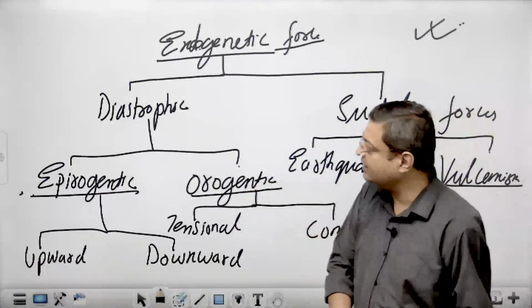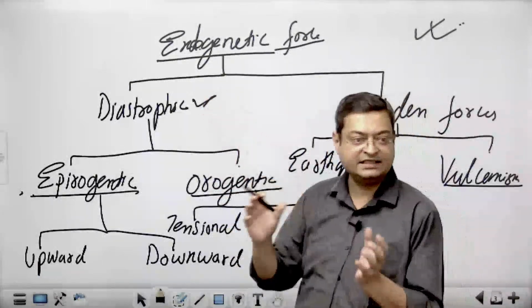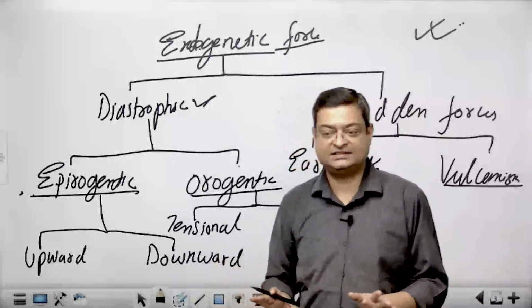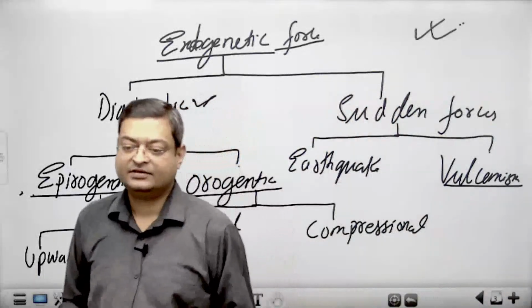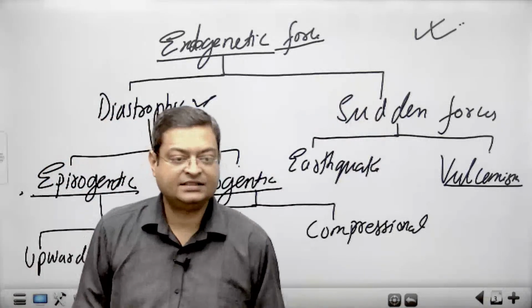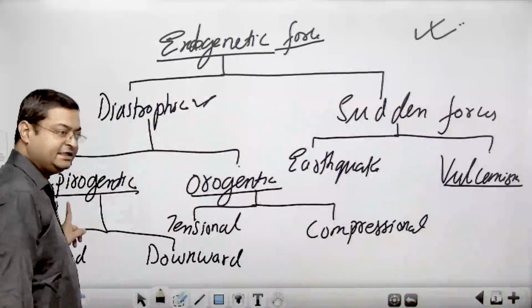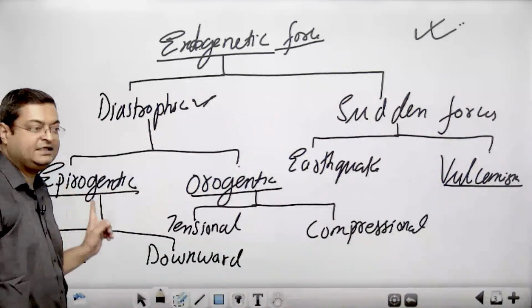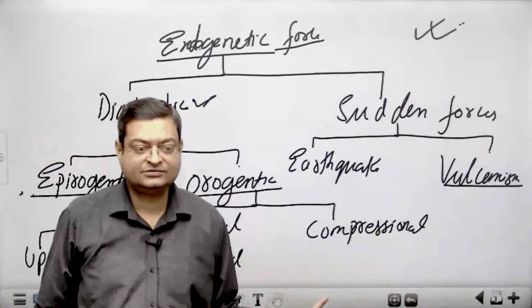You may write it down. Diastrophism or diastrophic forces are basically deformation of the earth crust. Diastrophic forces are the deformation of the earth crust. Epirogenetic is the movement of the continents, ocean basin.